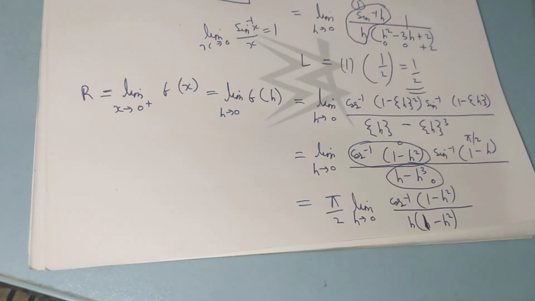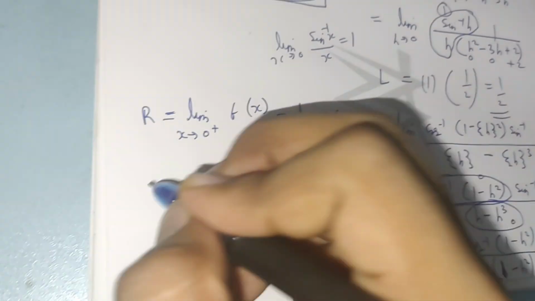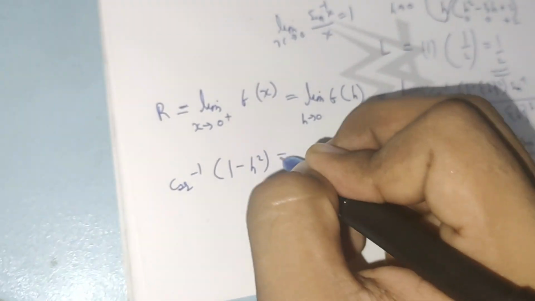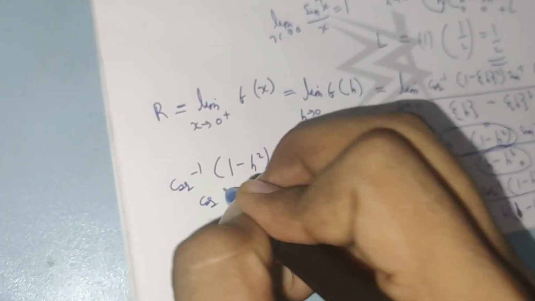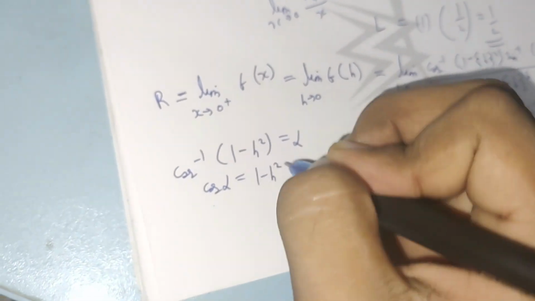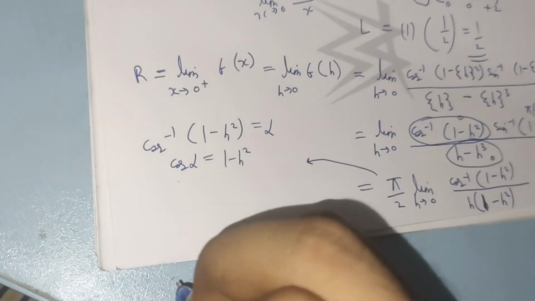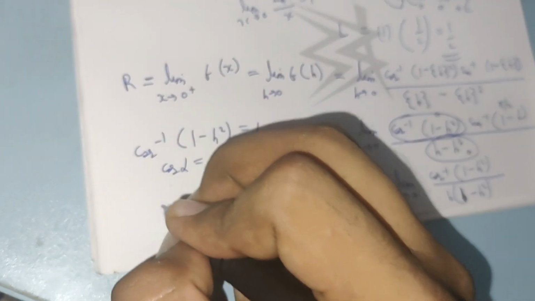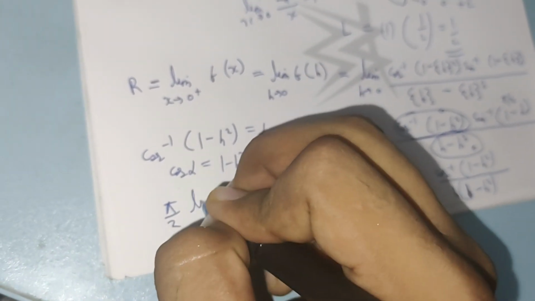Okay, so now this is an important step. What I'll do is I will take my cos inverse of (1 minus h square) to be alpha. So my cos of alpha is equal to 1 minus h square. Okay, so cos inverse of (1 minus h square) I have taken to be alpha. So pi by 2, this limit will change, just a second.